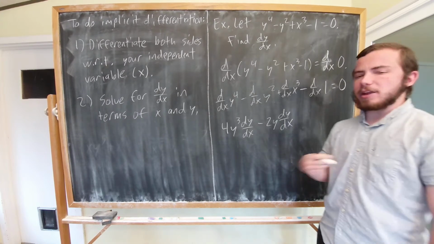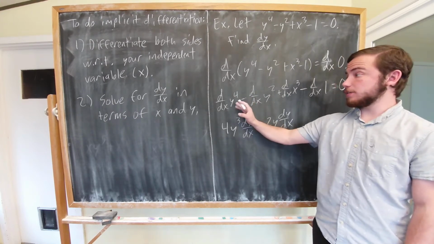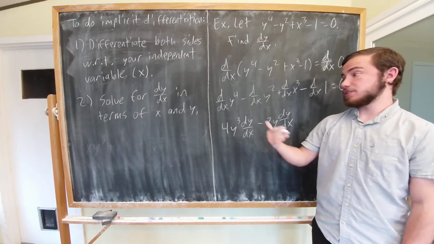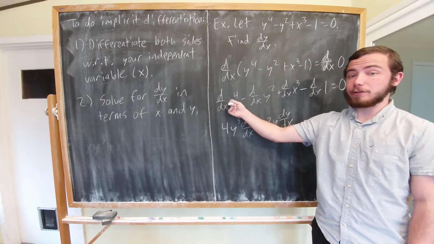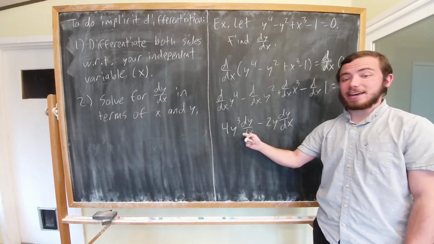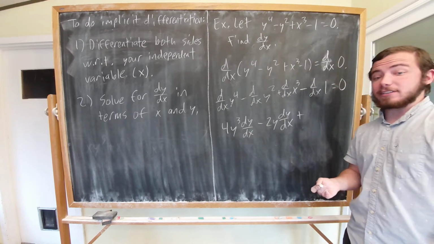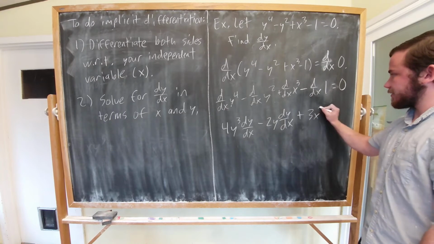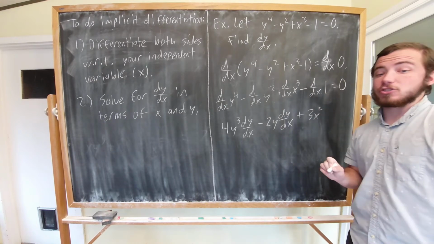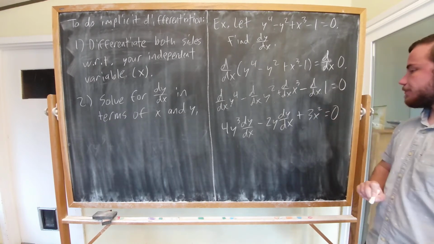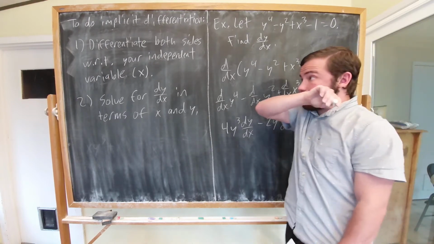The kind of mental shortcut for these ones where you're differentiating with the y's is, hey, do it as if you were taking the derivative with respect to y, and then multiply at the end by dy/dx. Okay? d/dx of x cubed, power rule, 3x squared. d/dx of 1 is just 0. It equals 0. Alright. So step 1 is done.